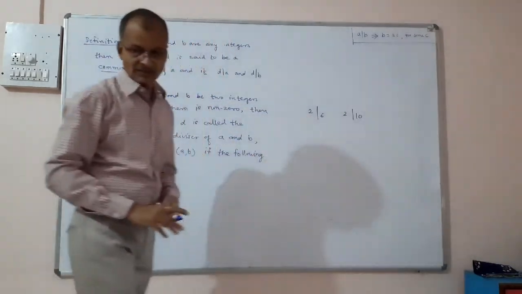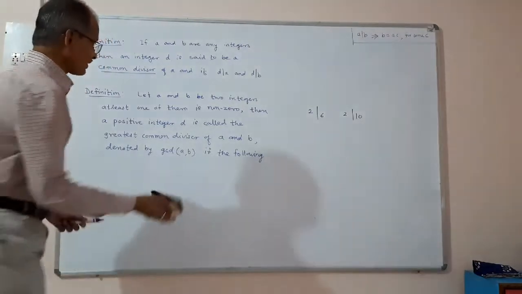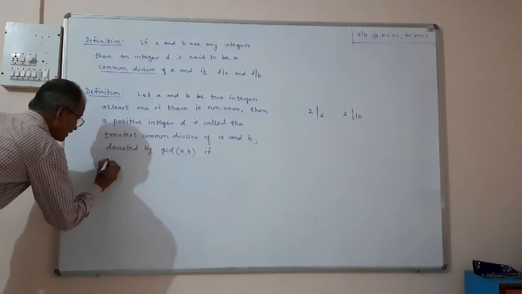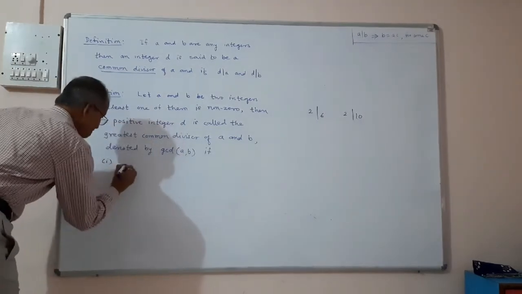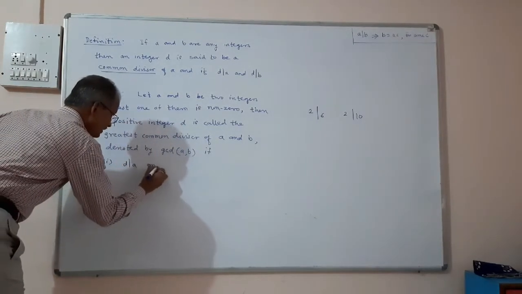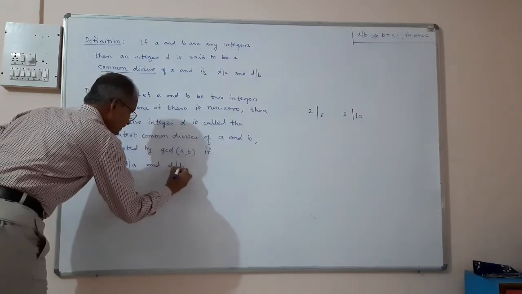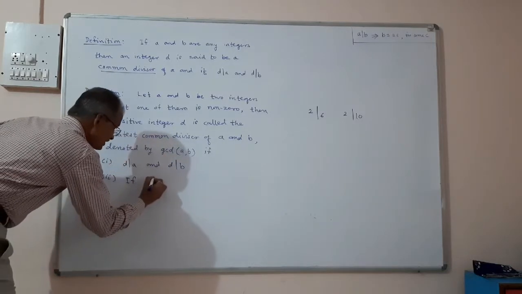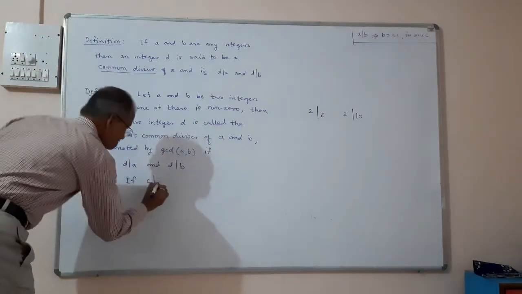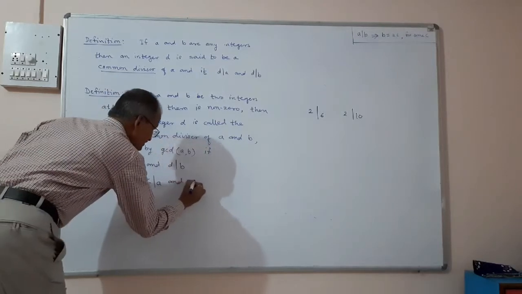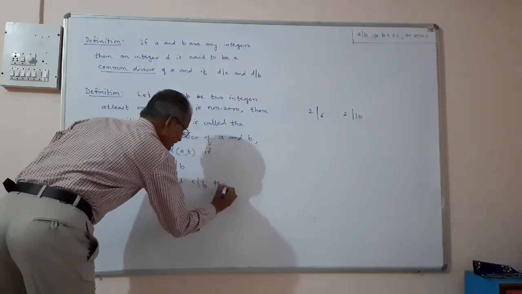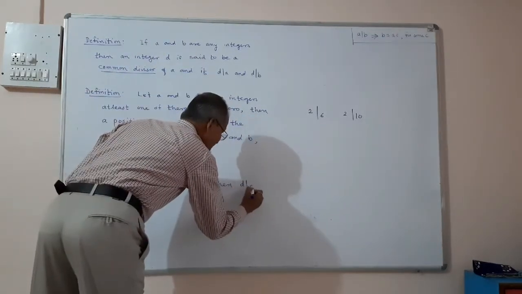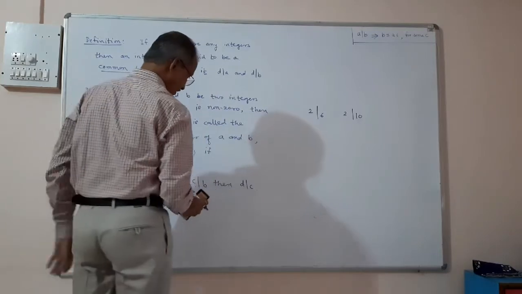First, D divides A and D divides B. Second, if C divides A and C divides B, then C divides D.